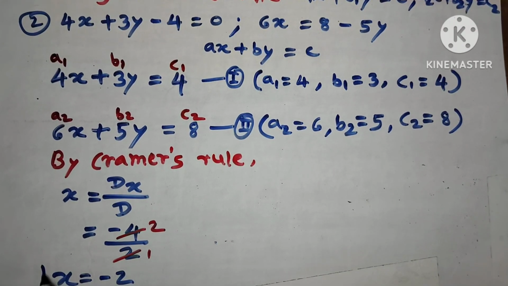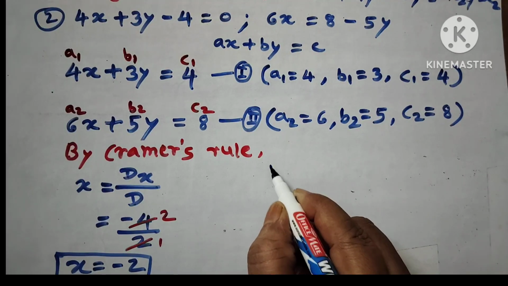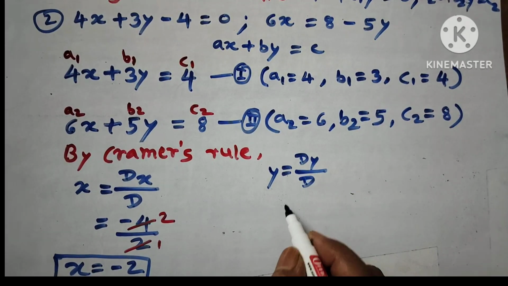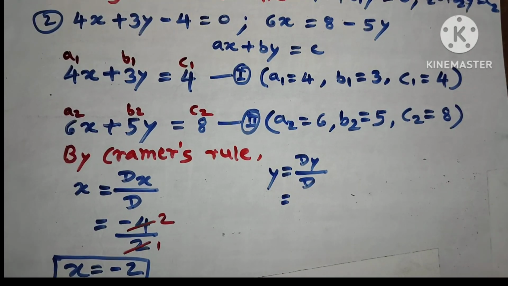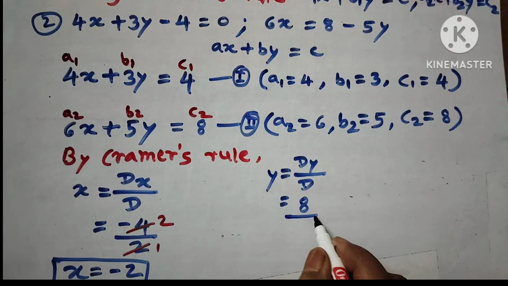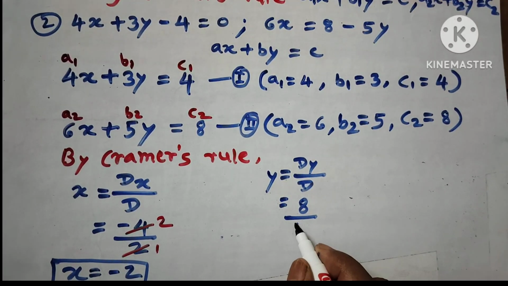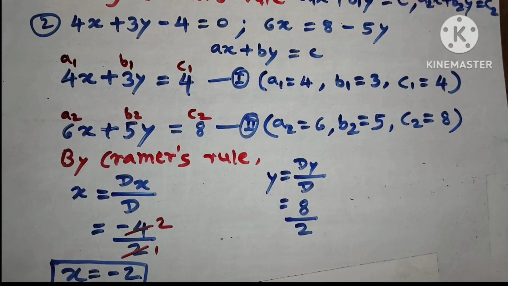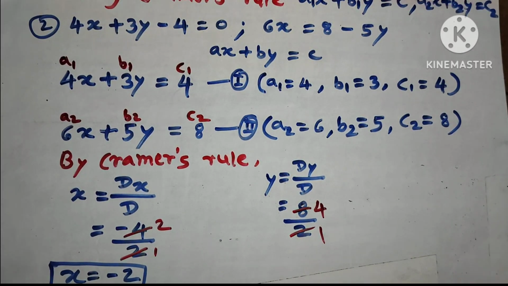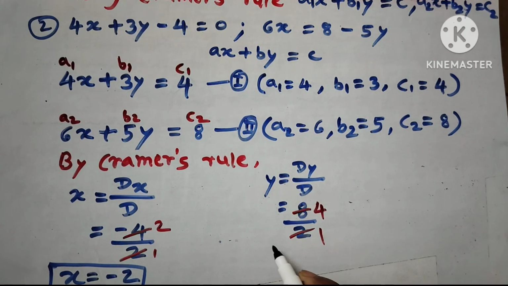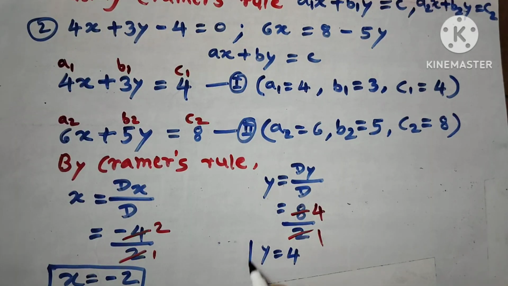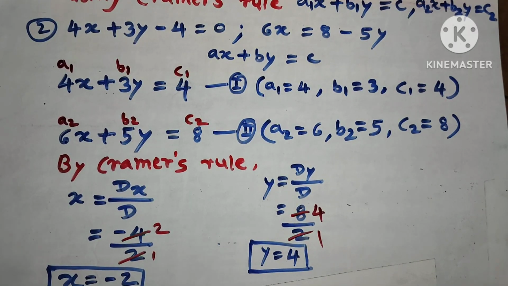X is equal to minus 2. Y is equal to Dy upon D, is equal to Dy is 8 upon value of D 2. 2 ones are 2, 2 fours are 8. Then y is equal to 4. Value of y is equal to 4.